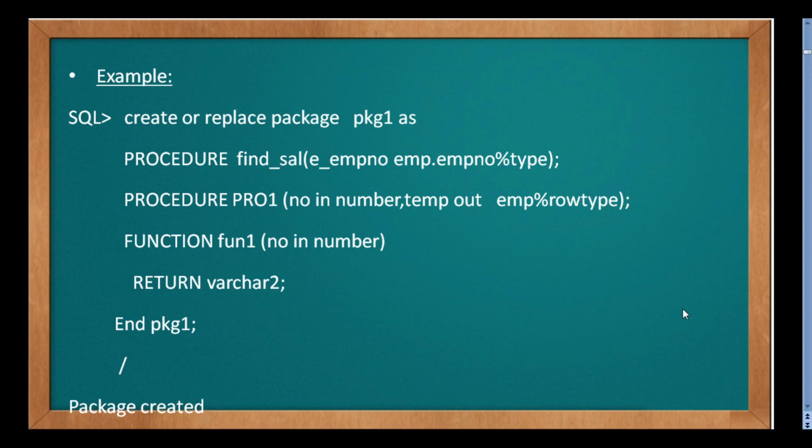And the function returns the employee's name whose number is passed as a parameter. And end pkg1. This is how we are creating package specification. You provide the declarations only, not the code.